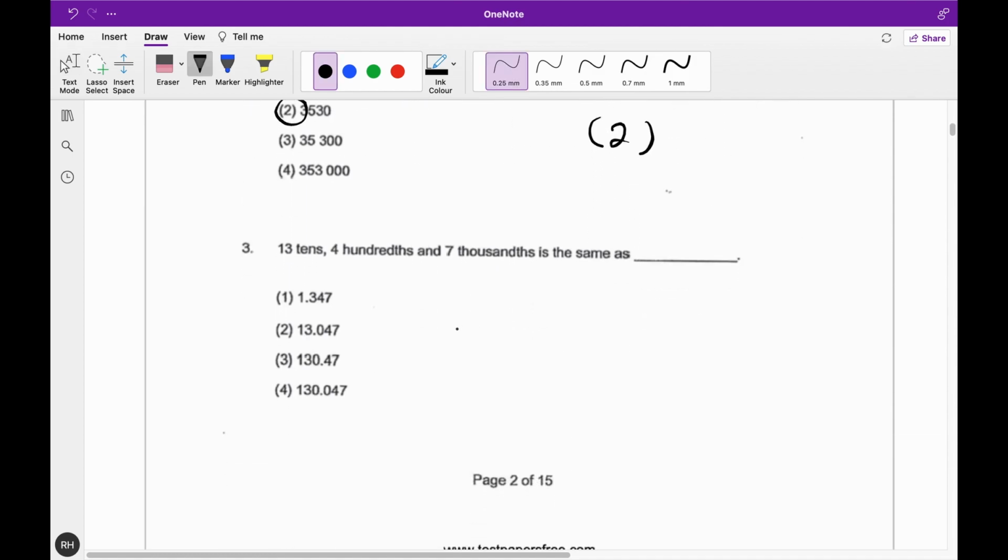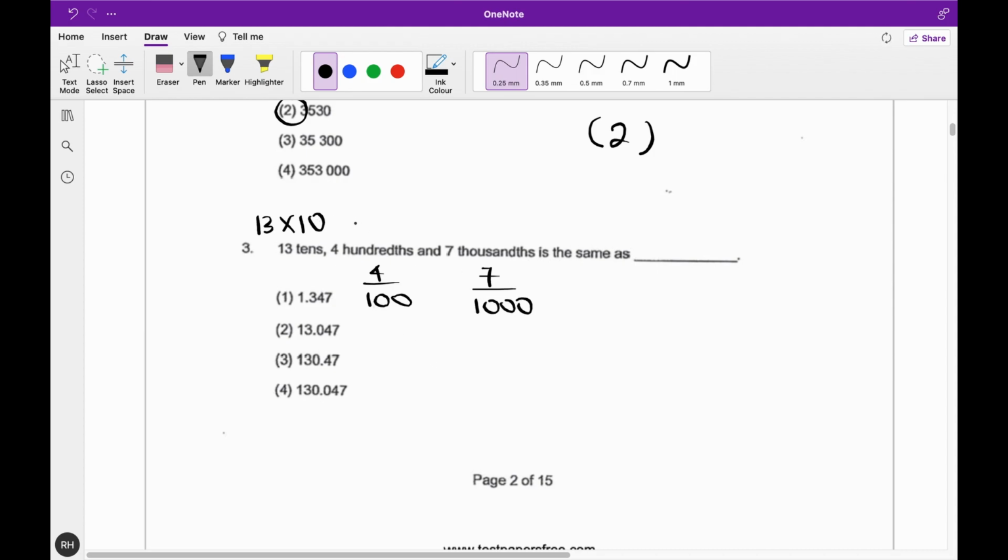Question 3. 13 tens, 4 hundreds, and 7 thousands is the same as: 13 tens means 13 times 10. 400 is 4 divided by 100. 7,000 is 7 divided by 1,000.